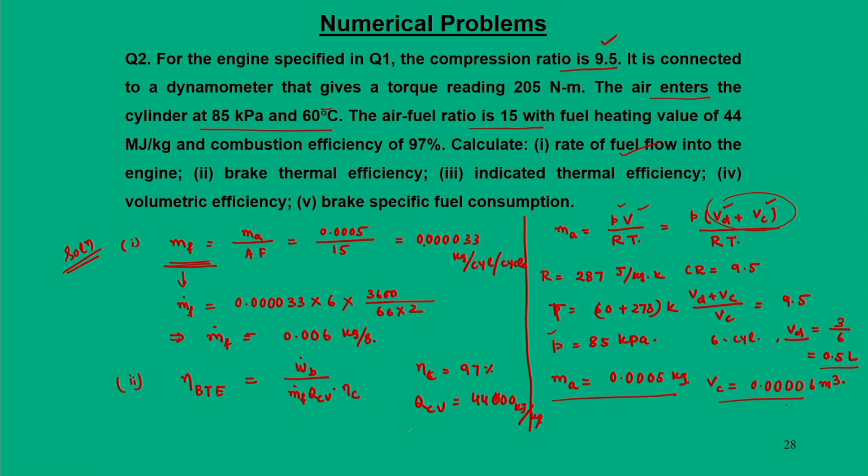Then m dot f is known, and W dot B we already calculated as 77.25 kilowatt, that is from question 1. So, by putting all this in the expression we can get brake thermal efficiency as 30% or 0.3.